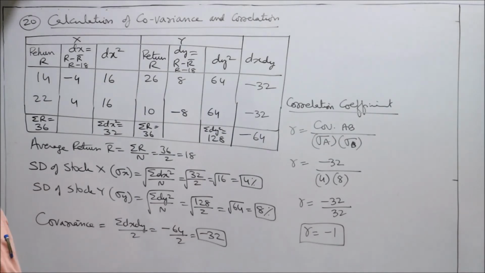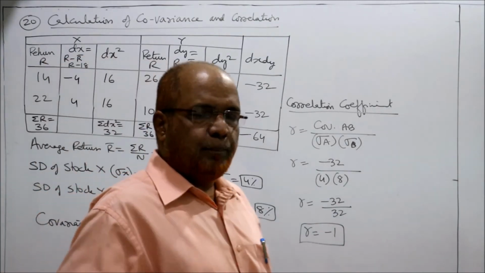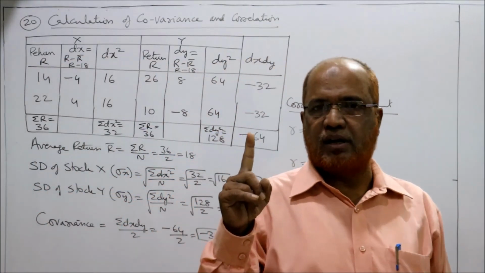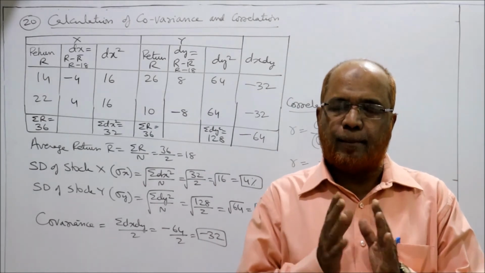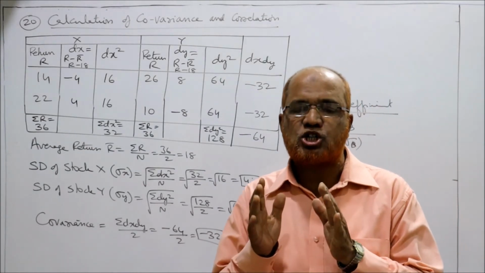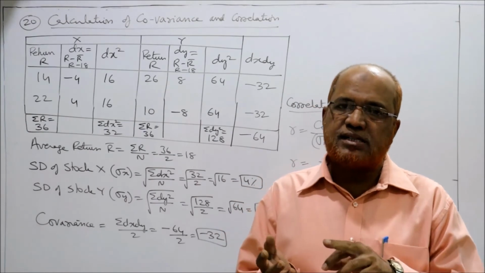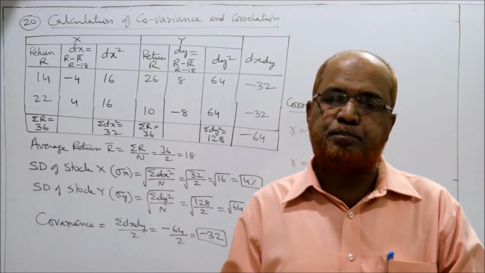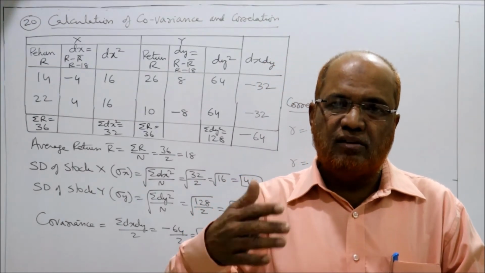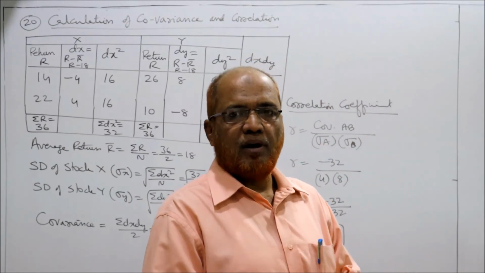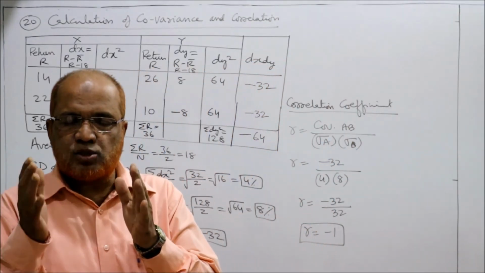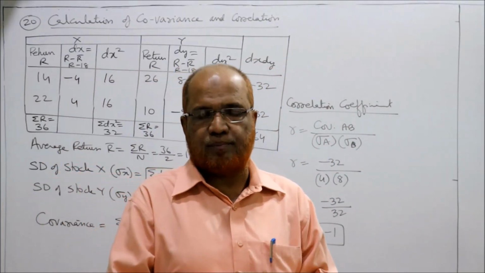So these are the problems in unit number 1. To conclude, we'll brush up what we have studied in this unit. In unit number 1, we have the introduction to investment. What is investment? What are the different types of investment? What is the investment process? And what is the difference between investment and speculation?